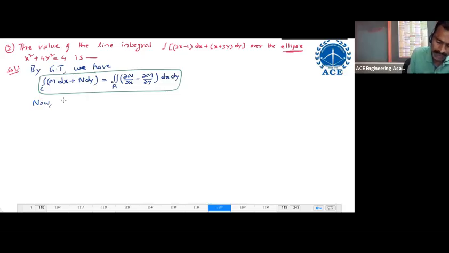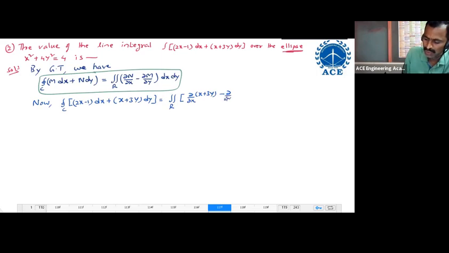Now our given integral over C of (2x minus 1) dx plus (x plus 3y) dy equals double integral over R of dou by dou x of (x plus 3y) minus dou by dou y of (2x minus 1), dx dy.